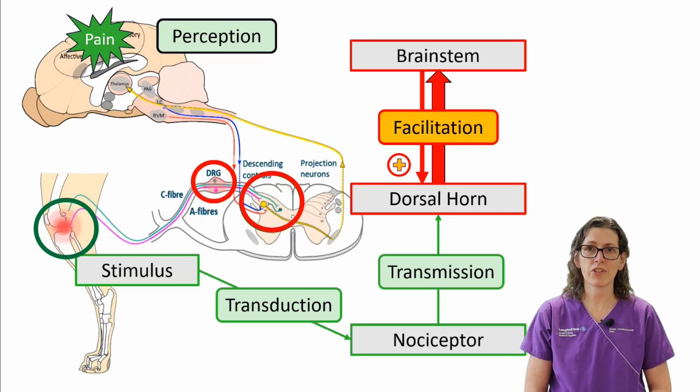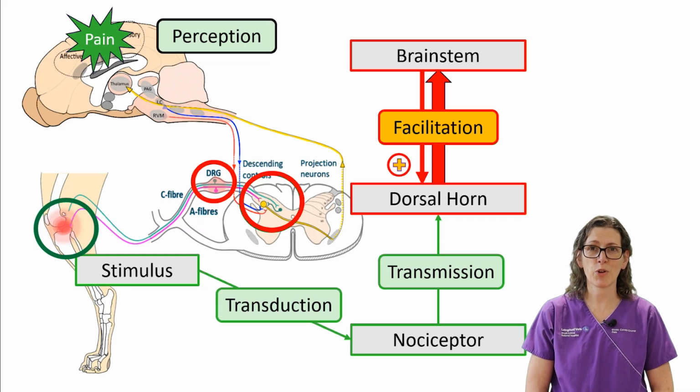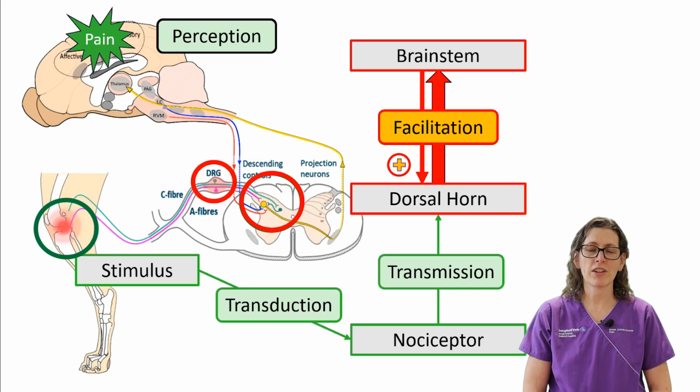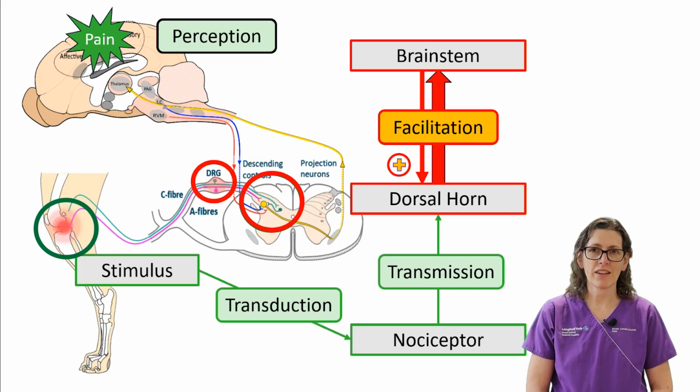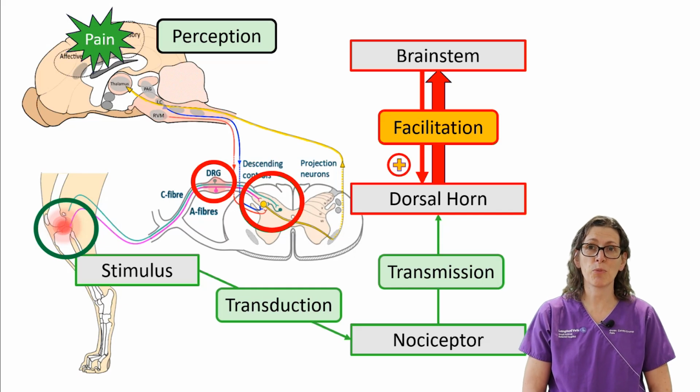And this results in the pain amplification I was just talking about, where we turn up the volume button. And note that the blue inhibition has disappeared on this diagram. We see a loss of descending control of pain, or a reduction in descending control of pain, where chronic pain exists for a very long time. And this is part of the problem.